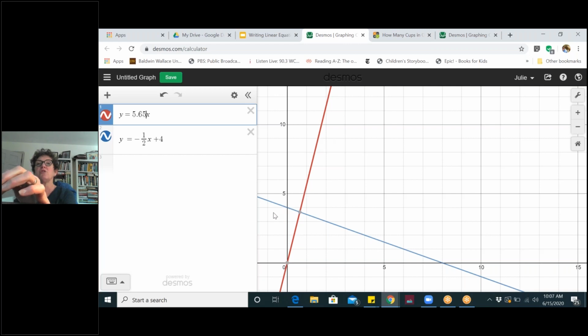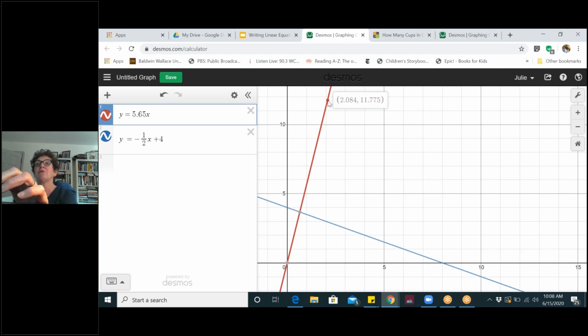If I wanted to know how much money I would make at, let's see, what point would this be right here? 1 hour and 11 tenths, not 11 minutes, but 11 tenths of an hour, I would make $6.27. What about right here?